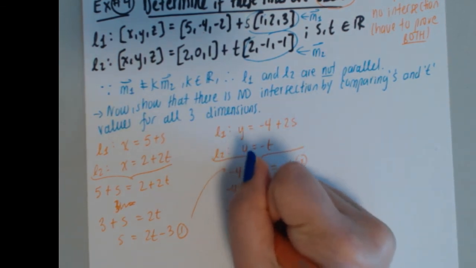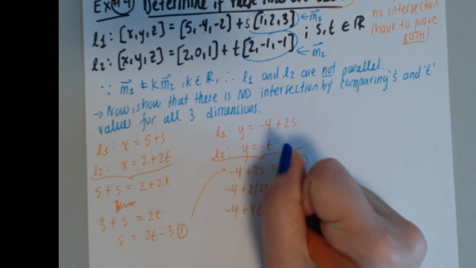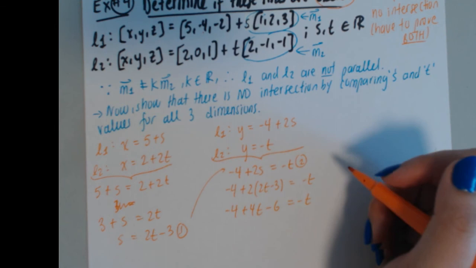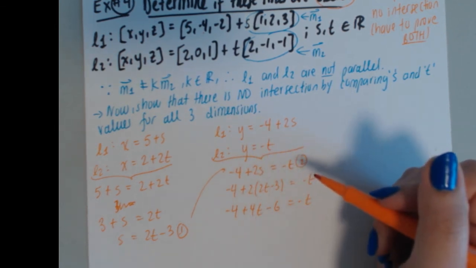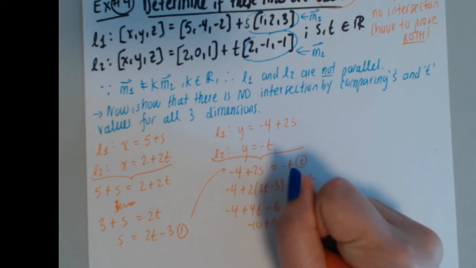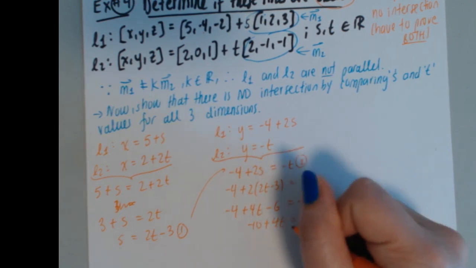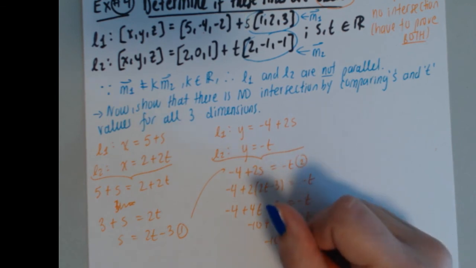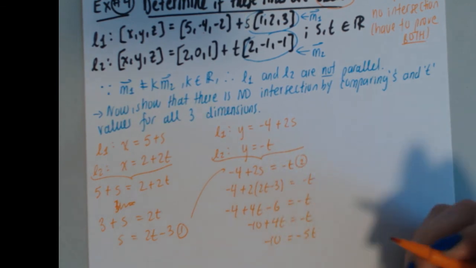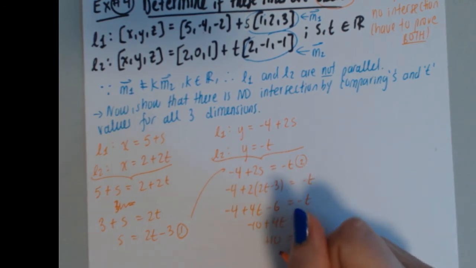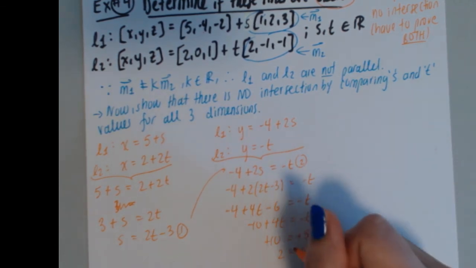So -4 plus 4T minus 6 is equal to -T. All right, -6 and -4, that makes -10. -10 plus 4T is equal to minus T. So bring this over. You're going to have -10 is equal to -1T minus 4T. That's -5T. So now you can see the negatives cancel each other out. That means T has to equal 2.